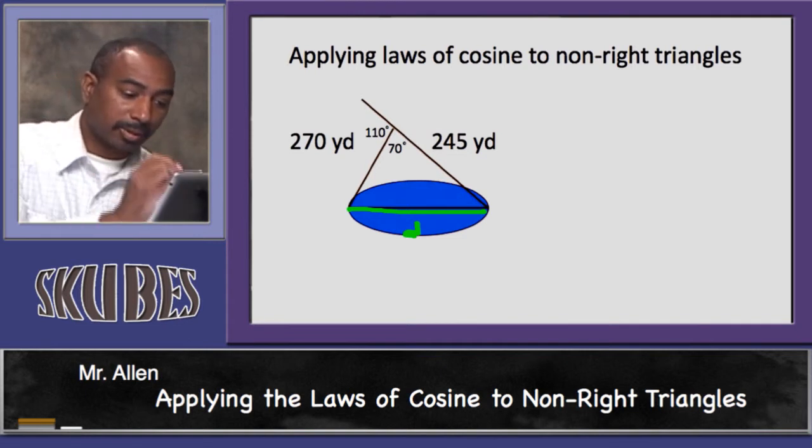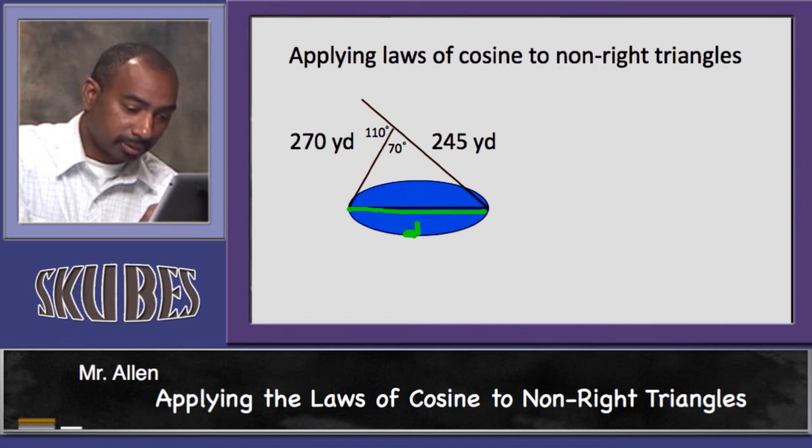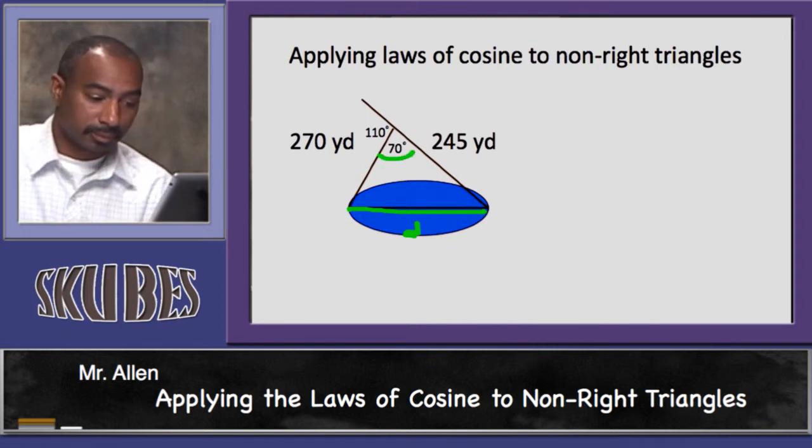We can use the law of cosines because we know two sides. This length here is 270 yards, this length is 245 yards, and we have an included angle of 70 degrees.